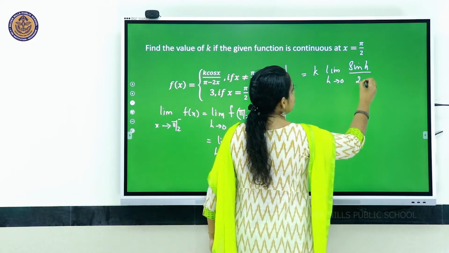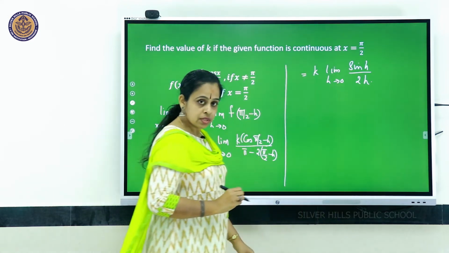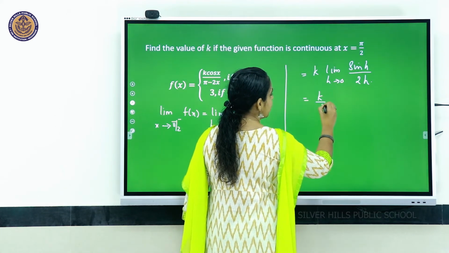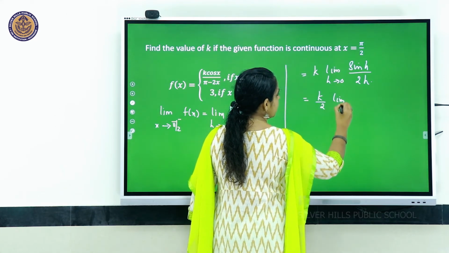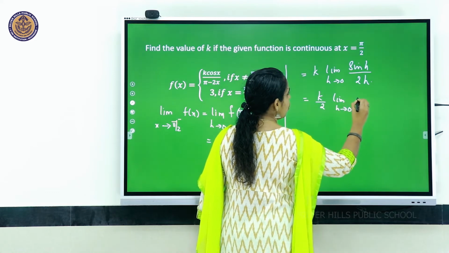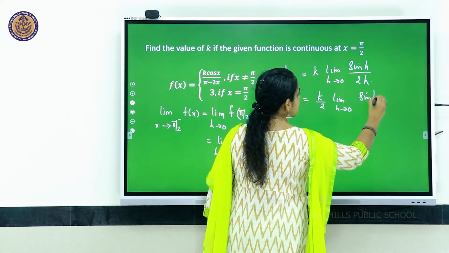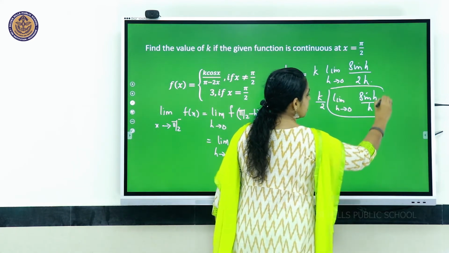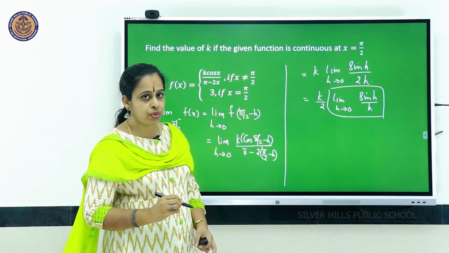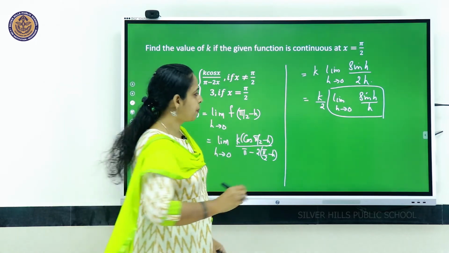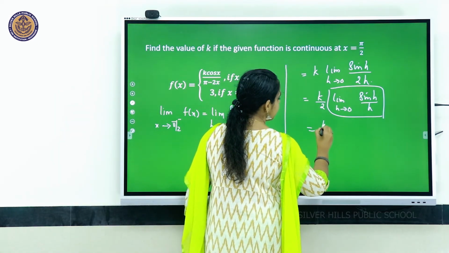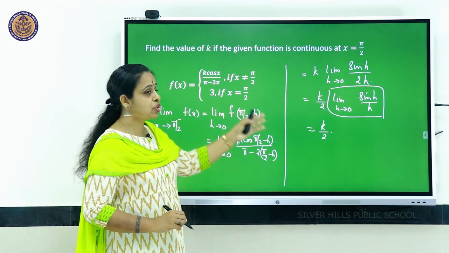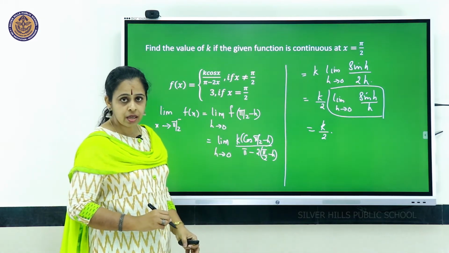Correct? The 2 we can take outside, k by 2 into limit h tending to 0 sin h by h. What is this part? As I said to you, it is equal to 1. So it is equal to k by 2. If you check the right hand limit also, it will become similar.